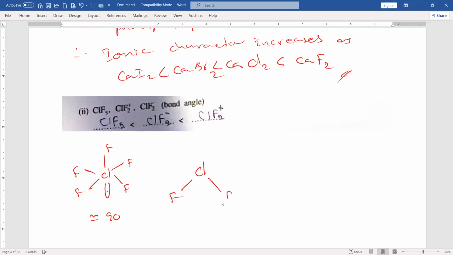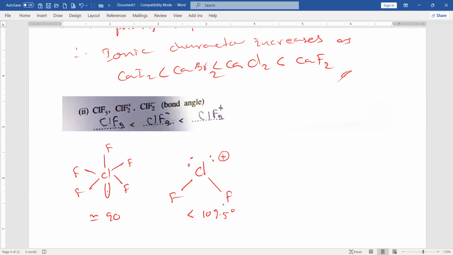Here, fluorine, and we have 2 lone pairs and a positive charge. So the bond angle must definitely be less than 109.5.